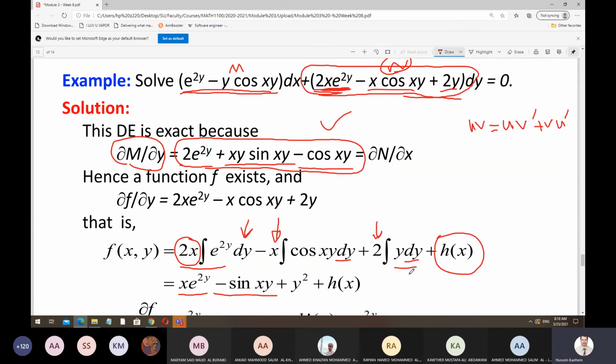And this one, y, it will be y squared over 2, 2 with 2, what is left is y squared. Now, just don't forget, please, this is the solution, equal C definitely. This is the solution of the exact equation we are talking about.